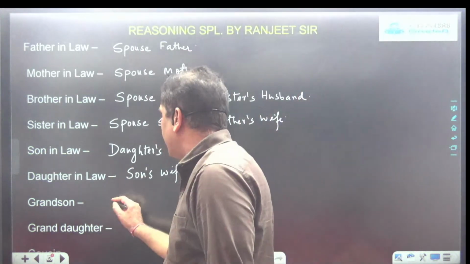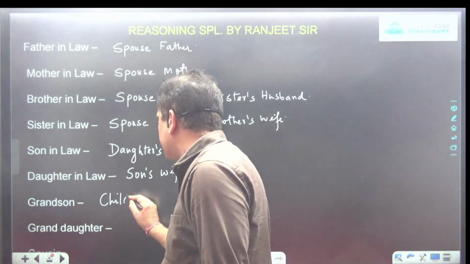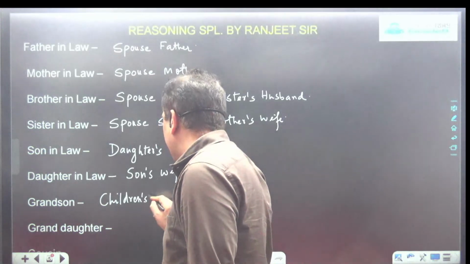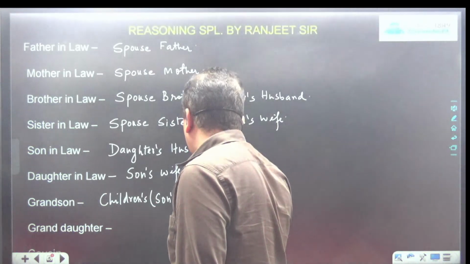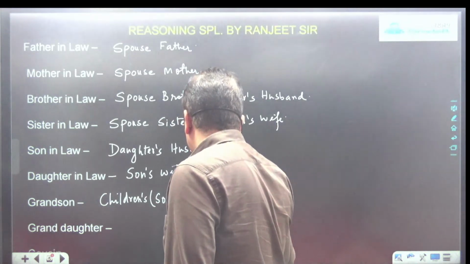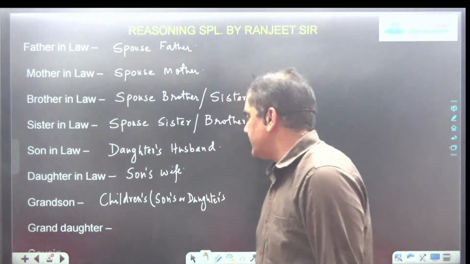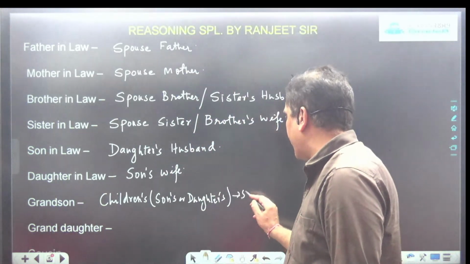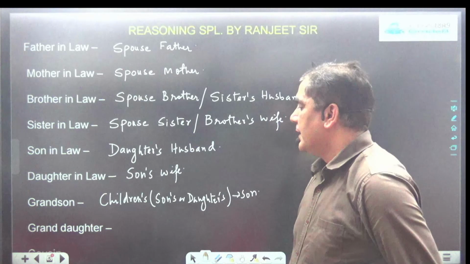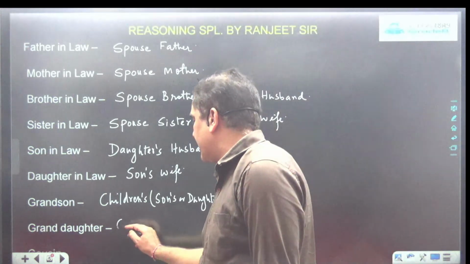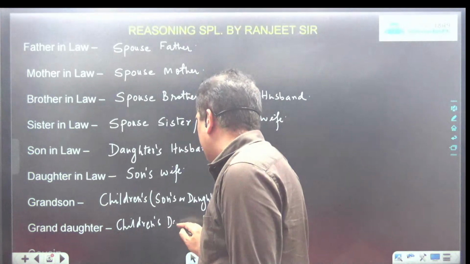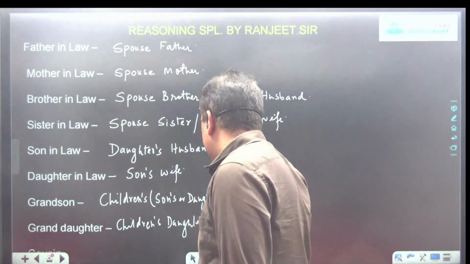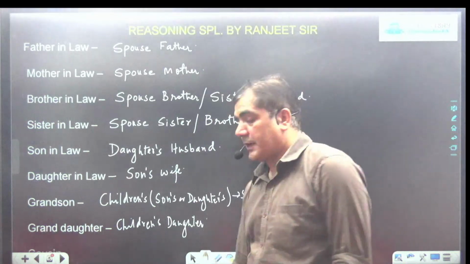Children means it can be son or daughter. And granddaughter is nothing but my children's daughter. Clear?